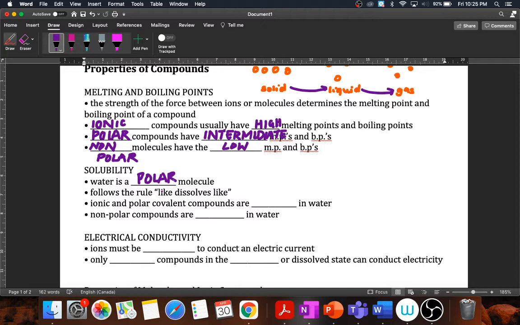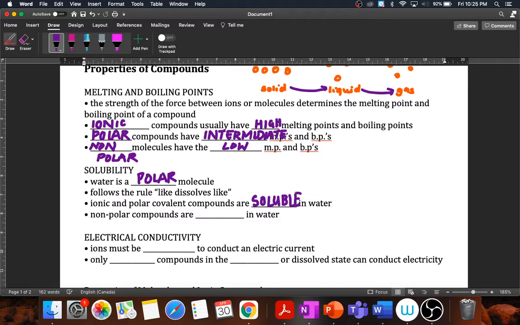Our polar covalent compounds, when they're entered into water, are able to form dipole-dipole interactions and thus result in dissolving to occur, right? So ionic and polar covalent compounds are soluble in water.